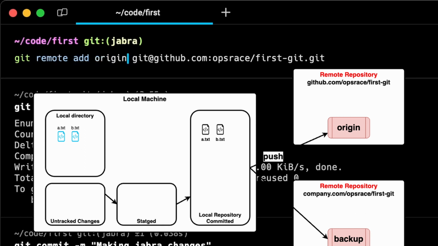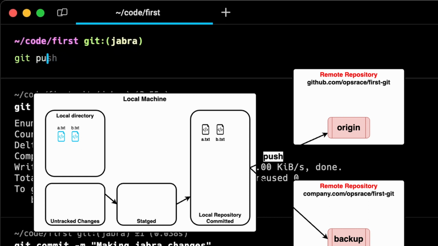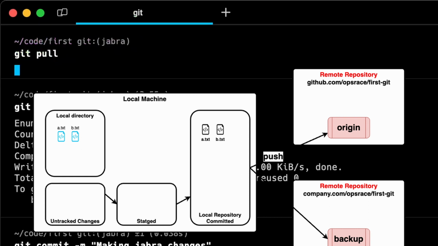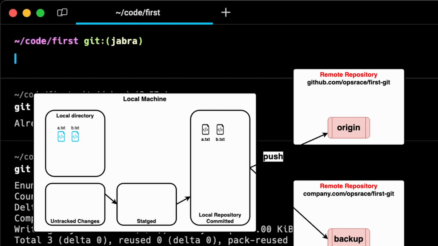So you can name it anything, but origin is a convention. Whenever you just type git push, or any command, even git pull, it will assume that you want to pull it from origin. Origin points to a specific address and it will get the data from there. Okay, I hope it makes sense.